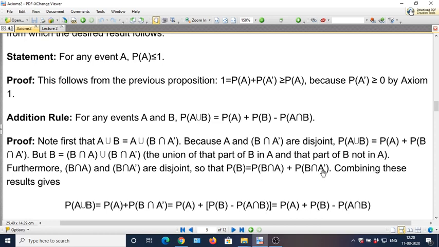This leads to the fact that P of B intersection A complement can be written as P of B minus P of B intersection A. So coming back, P of A union B is P of A plus P of B intersection A complement, which we can write as P of A plus P of B minus P of B intersection A. Therefore we have got this result.